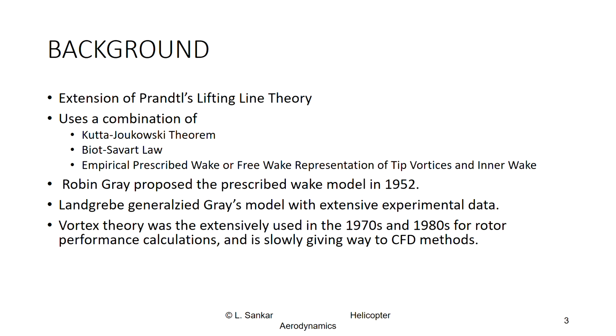At the time, he was able to model only small-scale rotors, and he continued to work on it even at Georgia Tech when he came back to Georgia Tech. When I say small-scale, I mean the radius is of the order of a few feet, and sometimes one-bladed or two-bladed rotors.